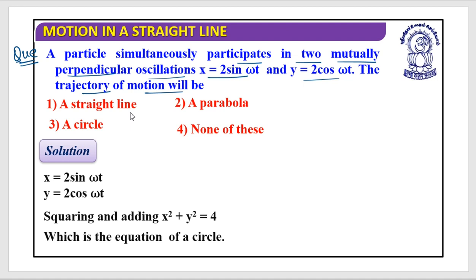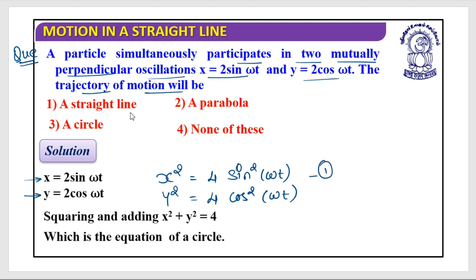What I have been given is x is equal to 2 sin omega t and y is equal to 2 cos omega t. So let's square this, which will give me x square is equal to 4 sin square omega t and y square is equal to 4 cos square omega t.